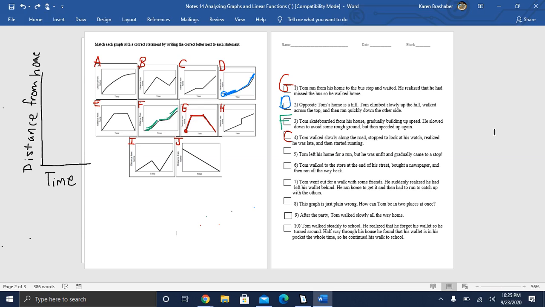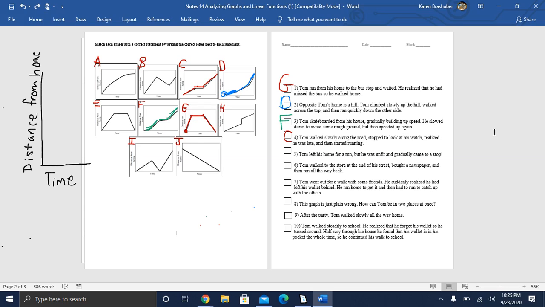It says that he walked slowly, so you see this steady pace. He stopped to look at his watch. That took some time, but he wasn't getting any further away from his house. And then he started running. So you'll see he's getting further away and it's at a steeper rate. So that's graph C.